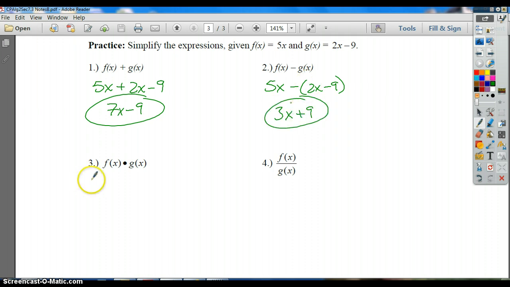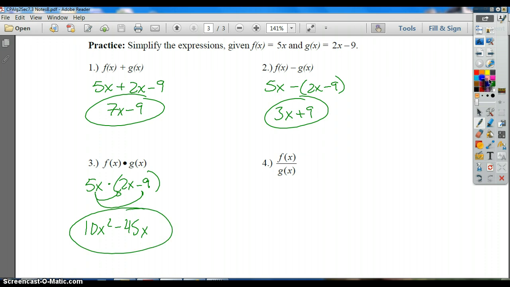Shift it down to f of x times g of x. And this is a distributive property problem. So I get 10x squared minus 45x. And to finish up here with f of x, which is 5x divided by 2x minus 9. There's no factor I can match up there on top and bottom, so that's what you would stop with. 5x over 2x minus 9.